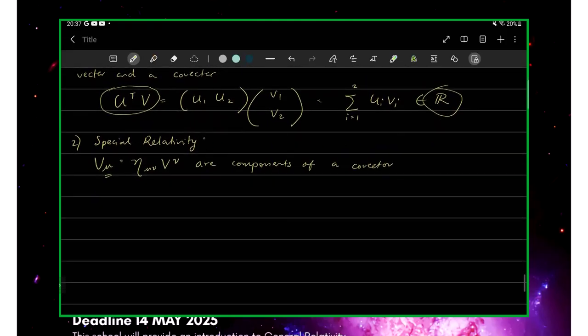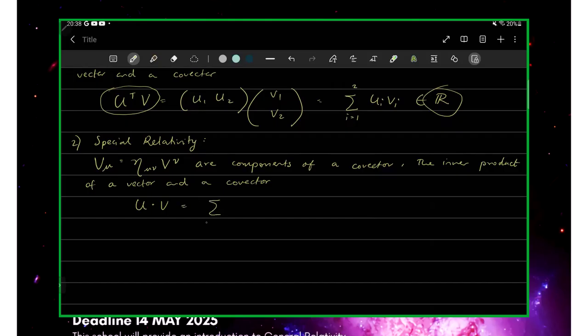Okay, so like I said, in special relativity, I think you've also familiarized yourself with these notations. And V_mu over here is just the components of a covector. Okay, and for this as well, you can define the inner product of a vector and a covector as u dot v.